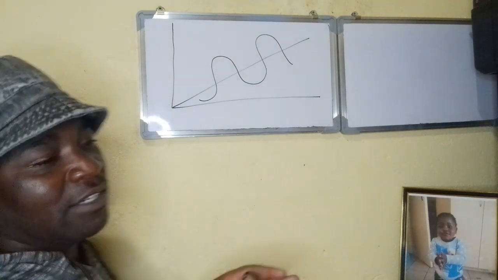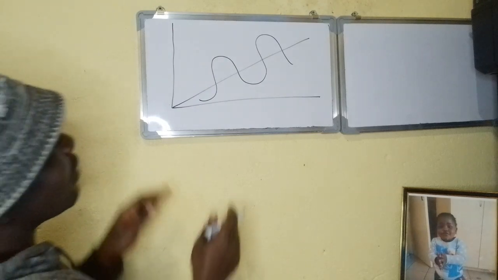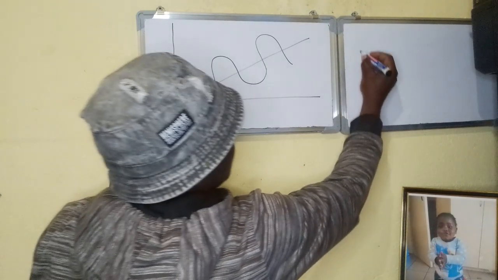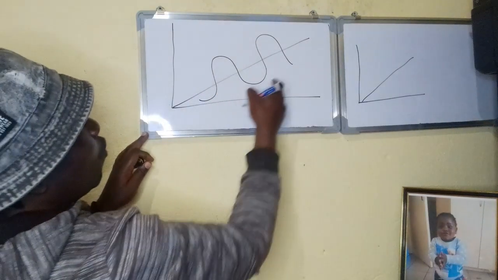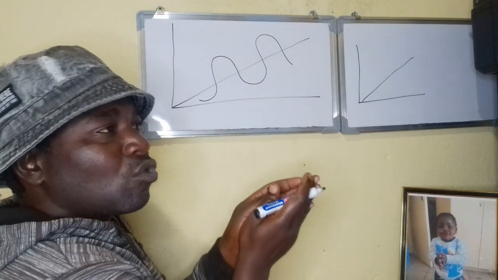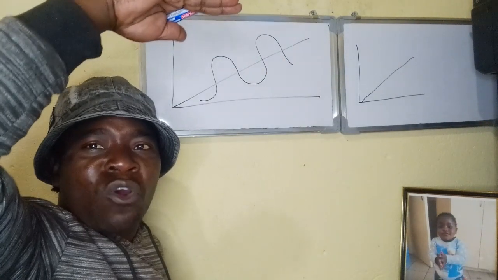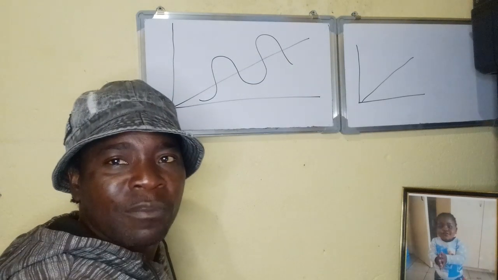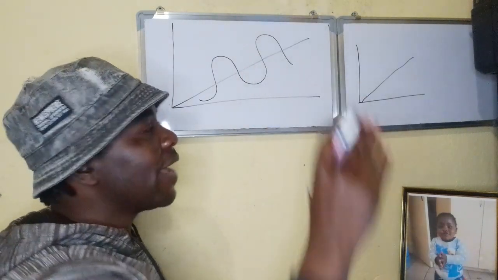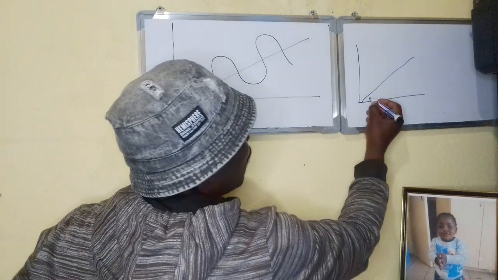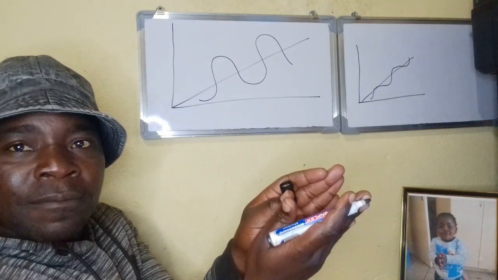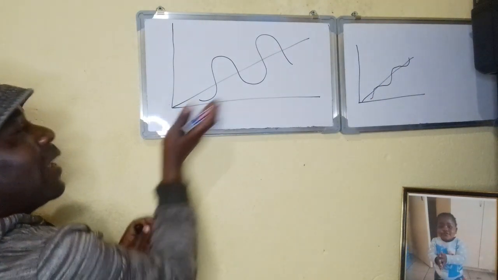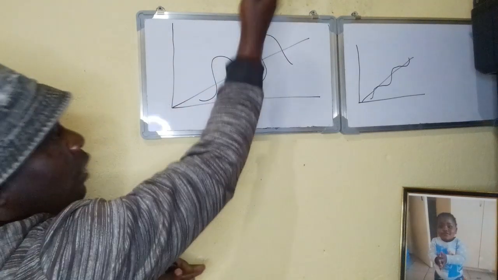So, as an objective of the economic growth, we're trying to level the field. This wave, we're trying that it can be a bit smooth. We don't want, today the economy is growing very high, next thing the economy is falling, next thing it is growing very high, it's unstable. We want a situation like this. We want to level the fluctuations to be at least closer to the growth path.